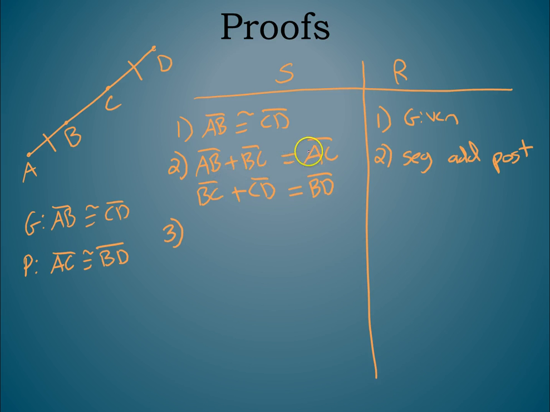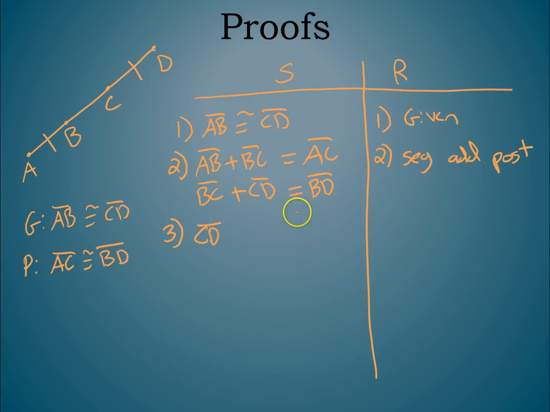We notice I need AC and BD to be the same. Since I need the right-hand sides the same, I must show the left-hand sides are the same. I already have BCs, so I need to make AB and CD the same. Well, since they're congruent, I can just rewrite AB in the first equation with CD.